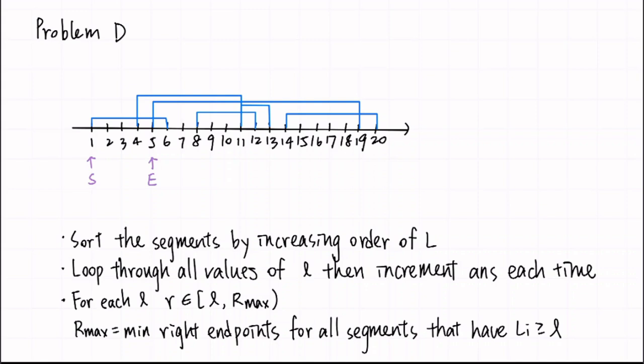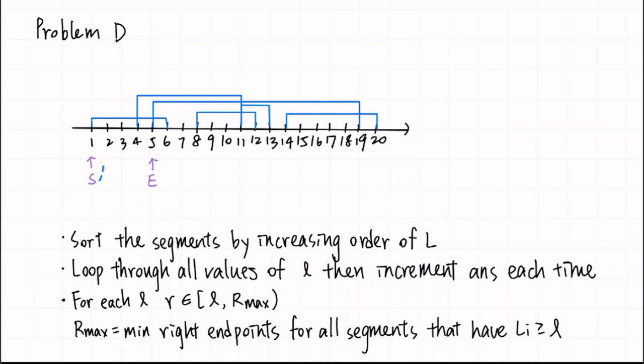If the L endpoint starts at 1, then R can be up to 5, because if it goes up to 6, then it would include the first segment.